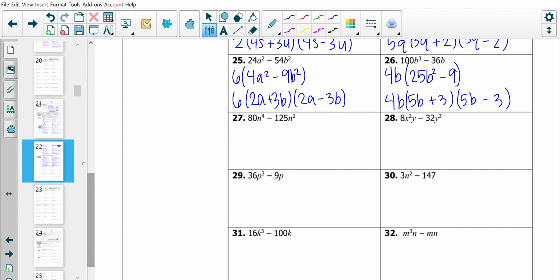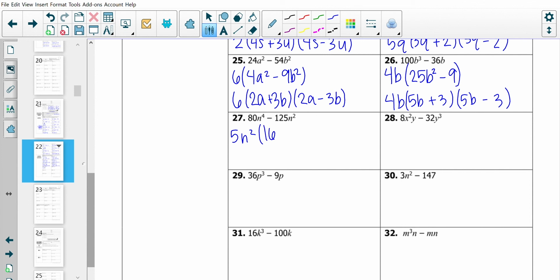On 27, I can take 5 out of both of those terms, and I can also take n squared. So 80 divided by 5 is 16.